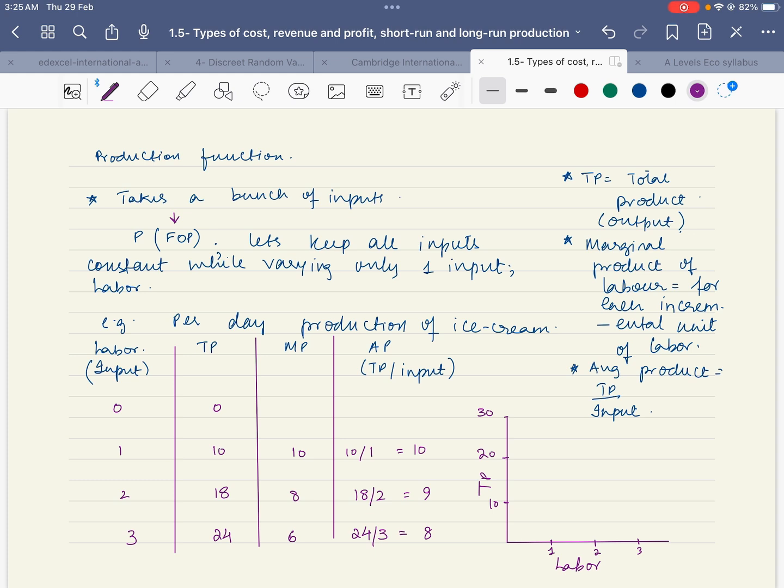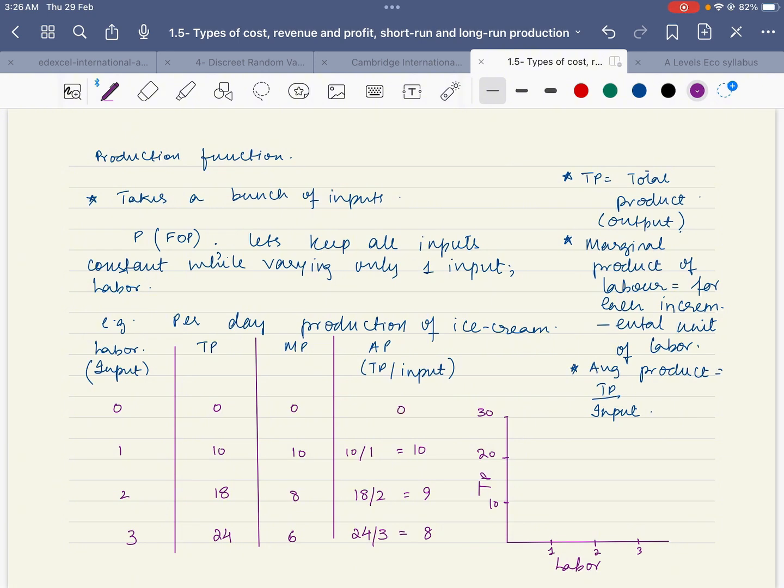Example, these are the units of labor that are input to produce something. Total product that we get is this. Marginal product that we get is this. Marginal product of 0 units is obviously 0. Total product here is 0.